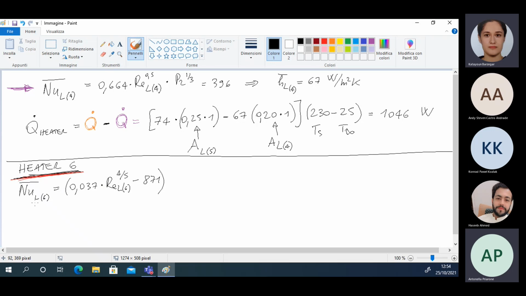L means the average from the beginning of the plate.